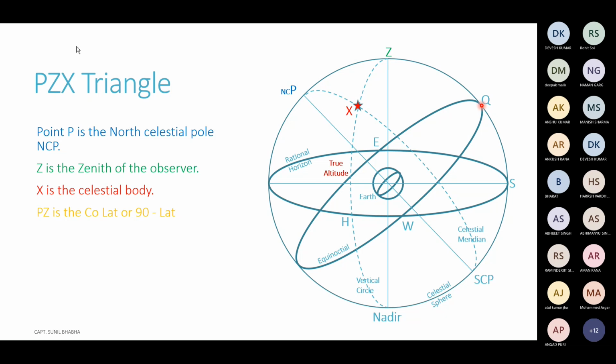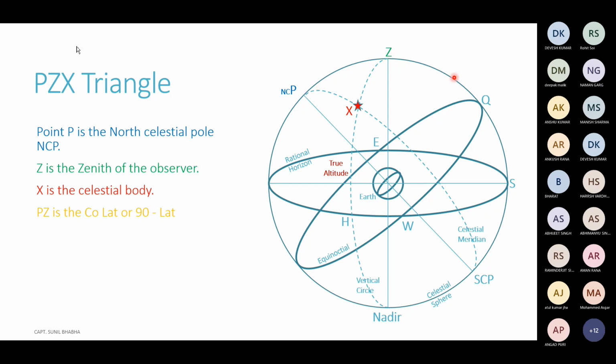Now we also know that from the equinoctial to the celestial pole, that is NCP, so pole to the equinoctial, P to Q, is 90 degrees. Every point on the equinoctial is 90 degrees away from the celestial pole. So P to Q is 90 degrees.